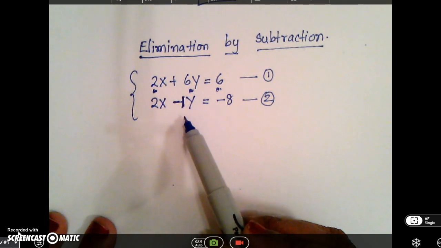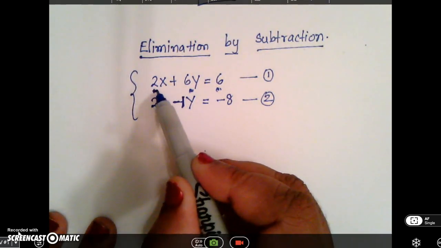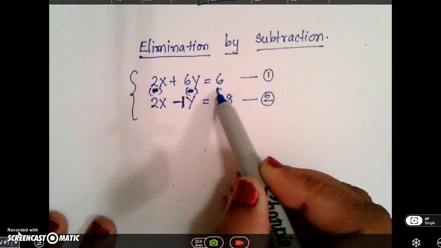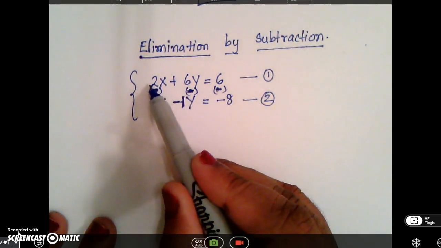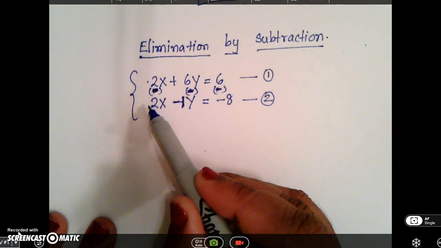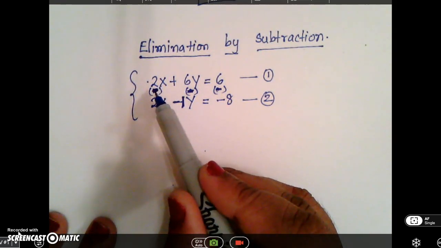So I'm not getting rid of any of my variables. So I have to subtract. I cannot add. Because these two numbers are one and the same, the signs are also one and the same, meaning this is also a positive 2, this is also a positive 2. So two numbers that are the same number and the same sign, I have to subtract.